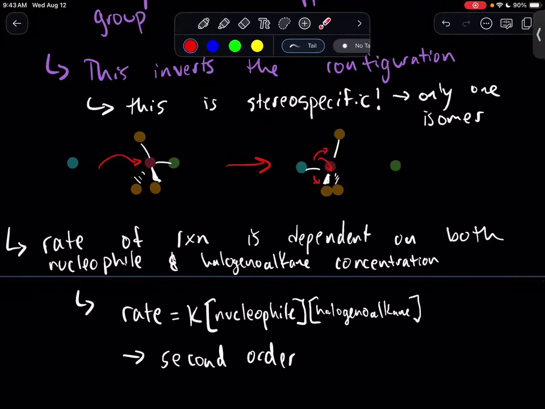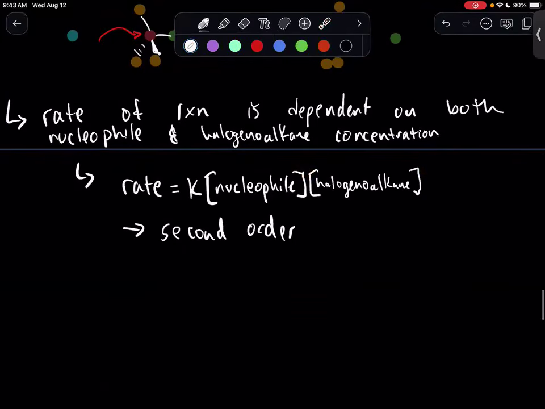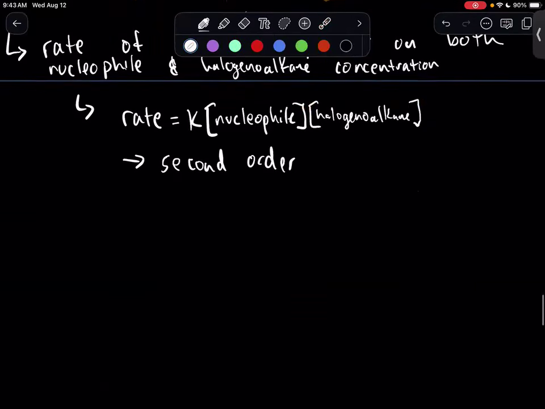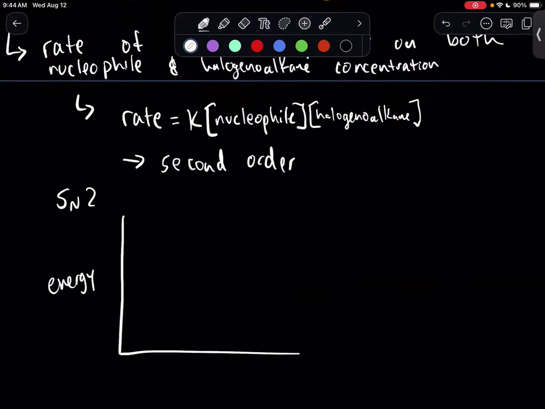We know that because we have a 1 and a 1 coefficient, so it's first order in reference to each specific reactant, but overall the reaction is second order. And if we were to look at an energy profile, the DP loves to give you energy profiles and have you determine whether this is SN2 or SN1. And progress.